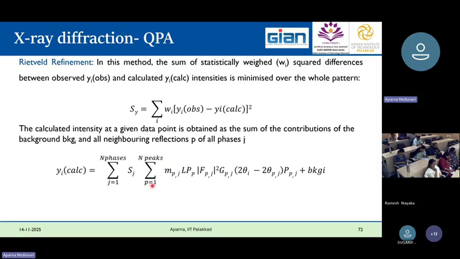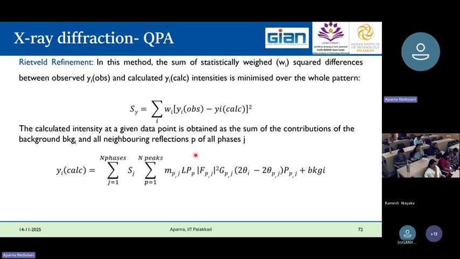So P equals 1 to the nth peak of that Portlandite phase is what we are considering, times MPJ, LPP, again the Lorentz polarization factor, and FPJ here is the structure factor for that phase. This factor talks about the peak shape, which can be either a Gaussian function, a Lorentzian function, or a pseudo-Voigt function. And this is the preferred orientation, plus the background that you are considering.